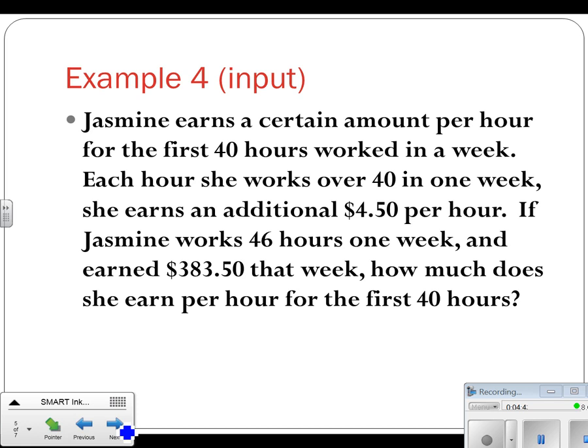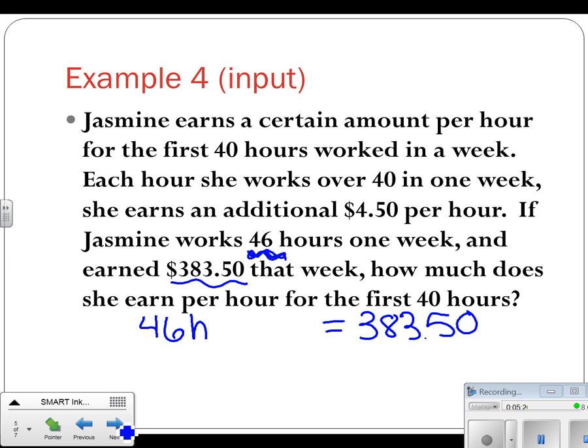Now, she gets paid for the 46 hours that she works. She gets paid a certain rate. And then, since she's working 46, she's working 6 overtime hours from a 40-hour work week. We know her total is $383.50, and we know that week she worked 46 hours. So she gets paid an hourly rate, and so 46 times how many hours she worked.